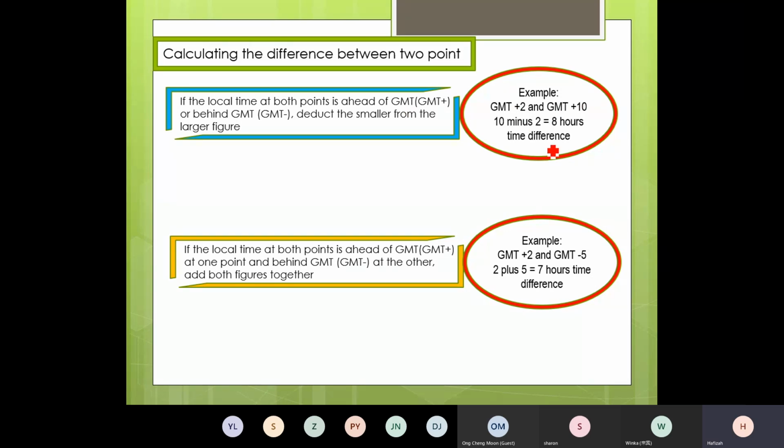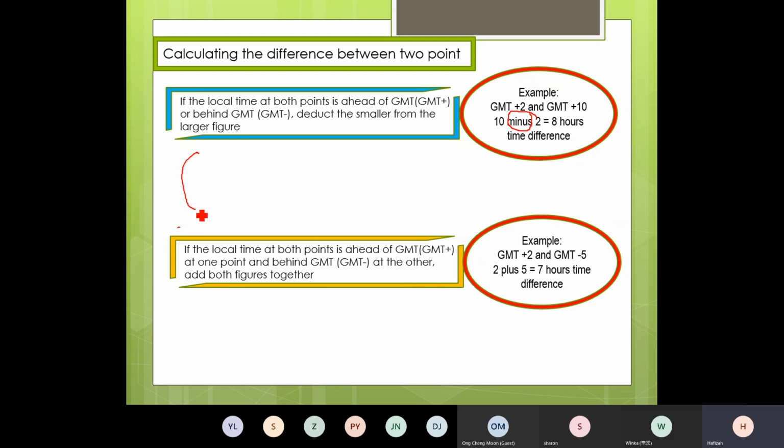If both are plus, you should do minus. And if the local time is ahead of GMT at one point and behind GMT, which is minus, at the other point, the simple instruction is like this.